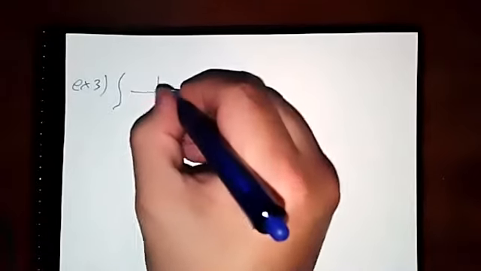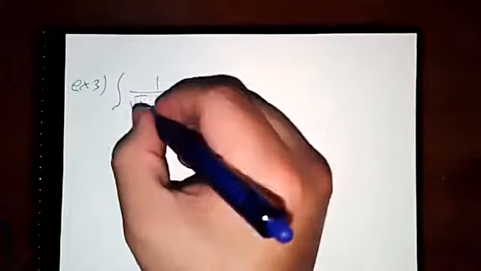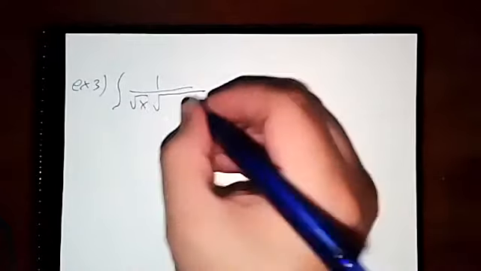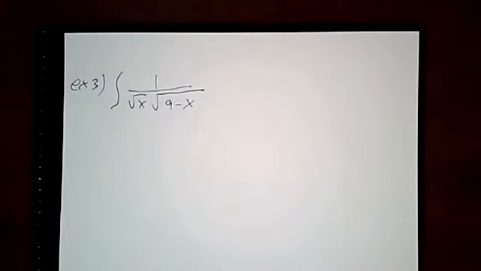So 1 over square root x times square root of 9 minus x. Let's see here. What should u be?